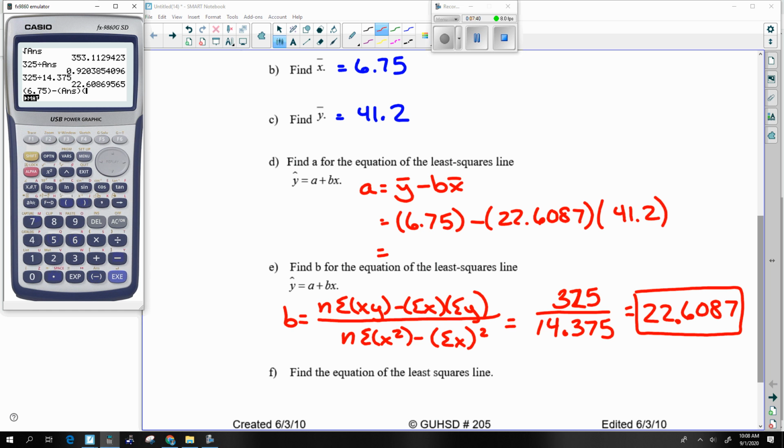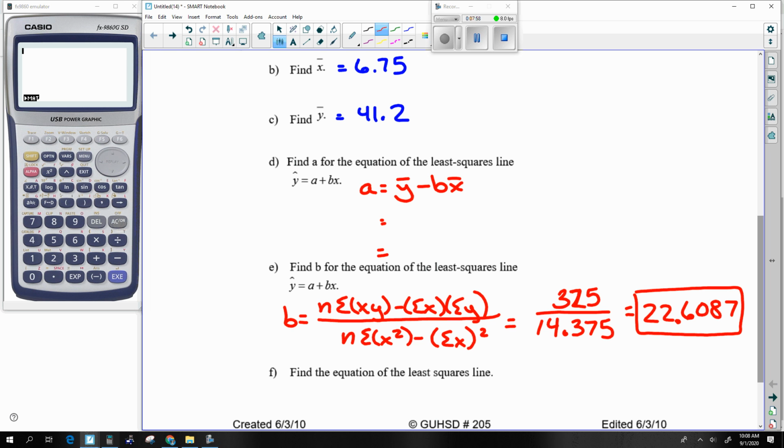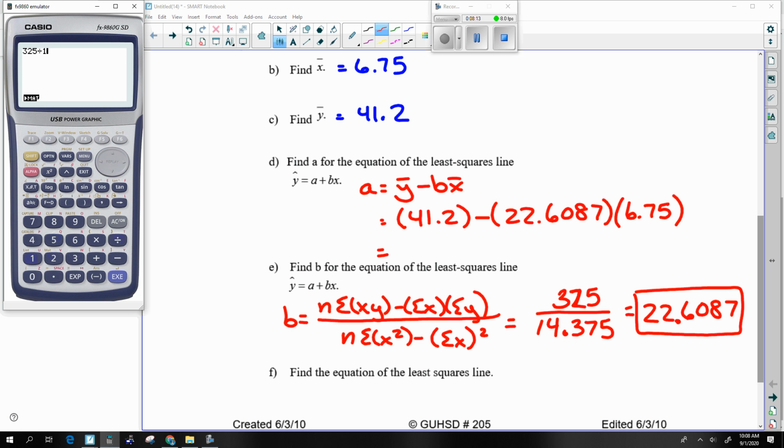Answer from my calculator, I don't retype it. Oh shoot, I got that backwards. I'm sorry. Y bar. All right, so let me try that again.